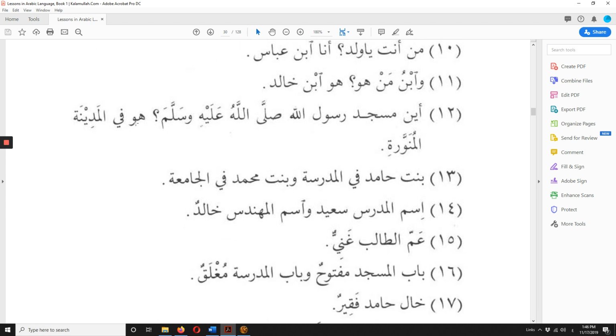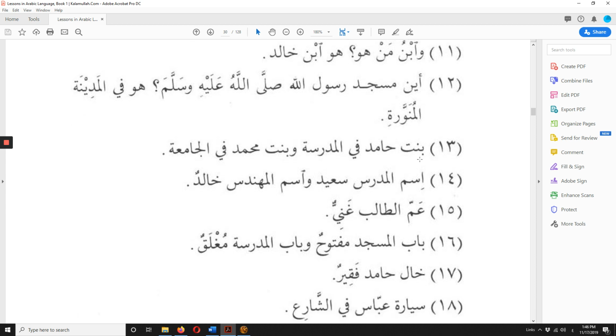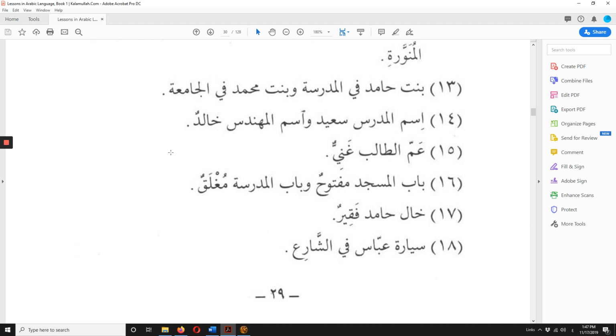So his mosque, it is in the illuminated city. بنت حامد في مدرستي وبنت محمد في الجامعة. The daughter of Hamid is in primary school and the daughter of Muhammad is in university.